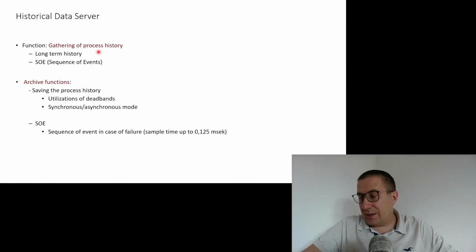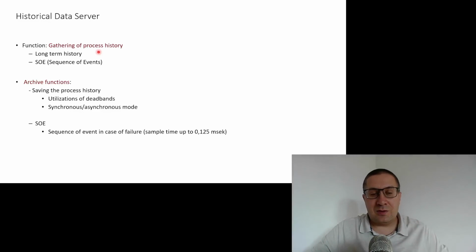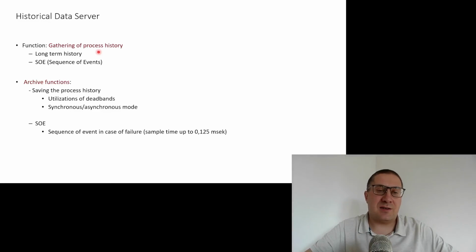You may have such a situation that you will find some process values interesting to you in the operator graphic, but not all the values will be stored in the historical data server.